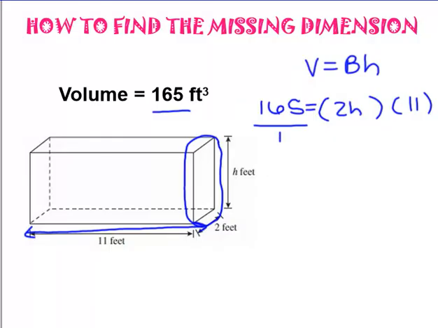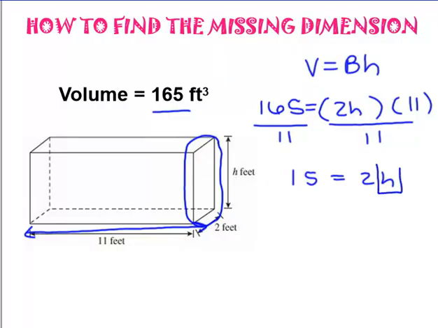So I'm going to divide both sides by 11, and 165 divided by 11 gives me 15 equals 2h. Now I divide both sides by 2, and the height of my base is going to be 7.5 feet.